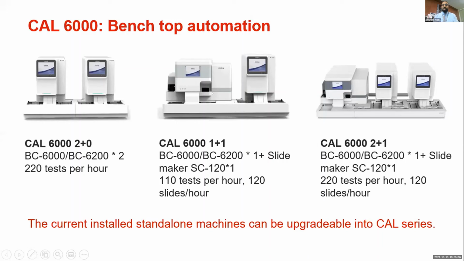This slide maker makes the slide preparation and staining with a throughput of 120 samples by slide, or the complete line is 2 hematology machines and 1 slide maker. So here we can reach 220 tests per hour for CBC and 120 slides per hour for the slide maker.